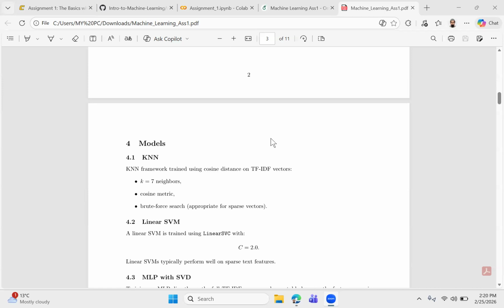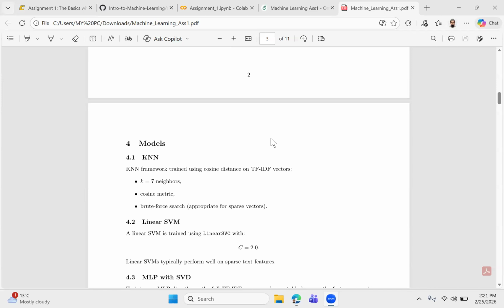Linear SVM is a classic strong baseline for text, and MLP can model non-linearities, but raw TF-IDF is huge and sparse, so I used SVD first. For SVD, I use truncated SVD with 500 components, then normalize it and use an MLP with hidden layers 120 and 60 and early stopping.